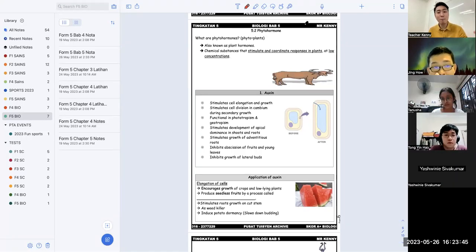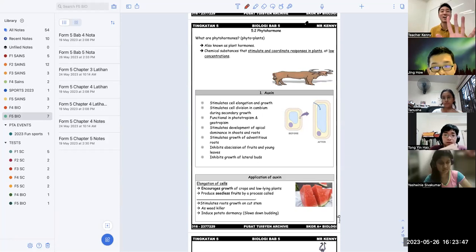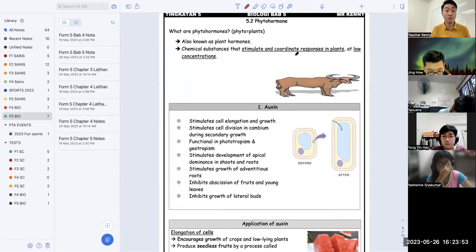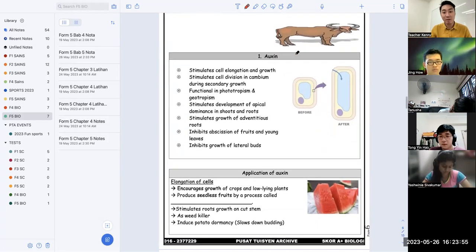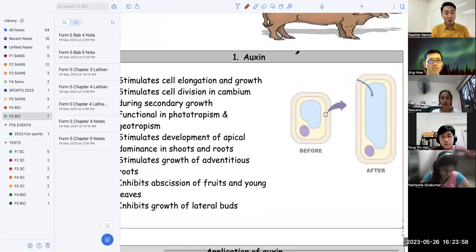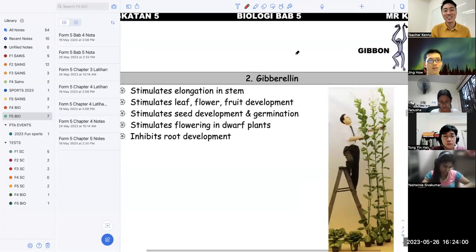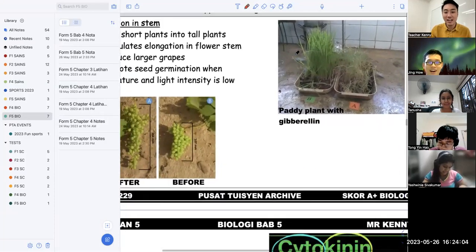You see, so many. Plants only have 5, you see? So you just have to know plant hormones today. So we're going to start off and see the names of the hormones. Pronounce the first name, everybody. Auxin, good. Next. Gibberellin. Next.